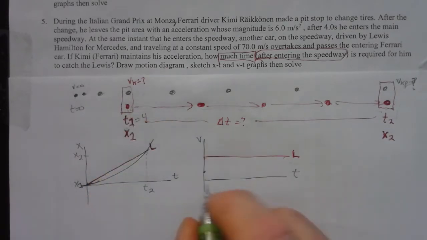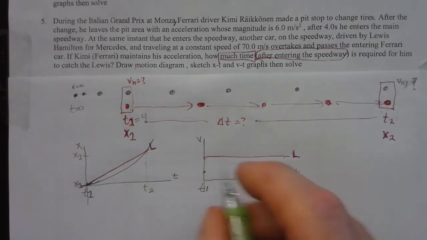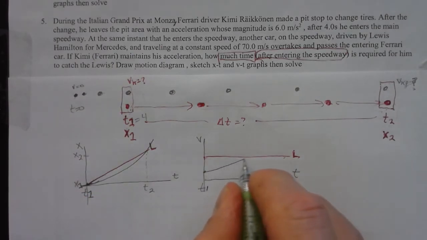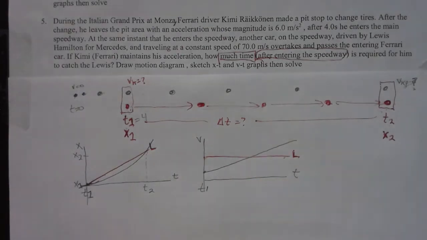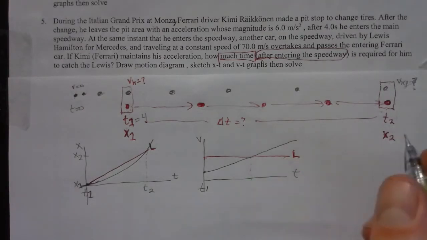I'm graphing from T1. Looks like that. Here they have the same speed, but I don't really want to know that.